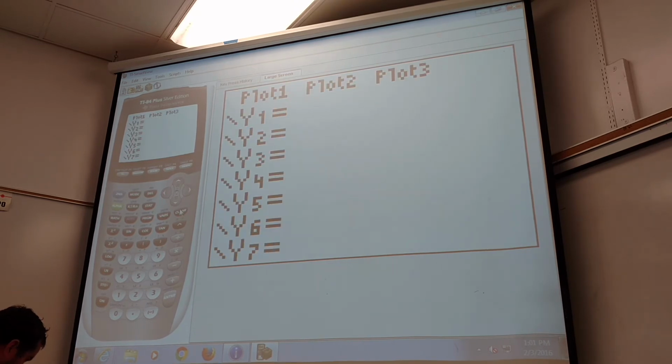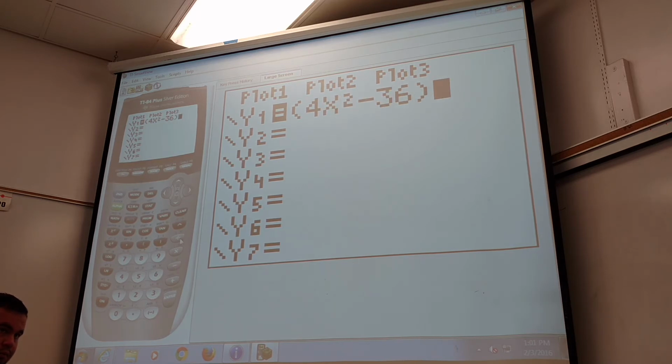All right, so I'll use the same function. Actually, we're going to use a function that is on this handout, but I'm going to go out later for the proof. Let's use this function: 4x squared minus 36 on top, divided by x minus 3.